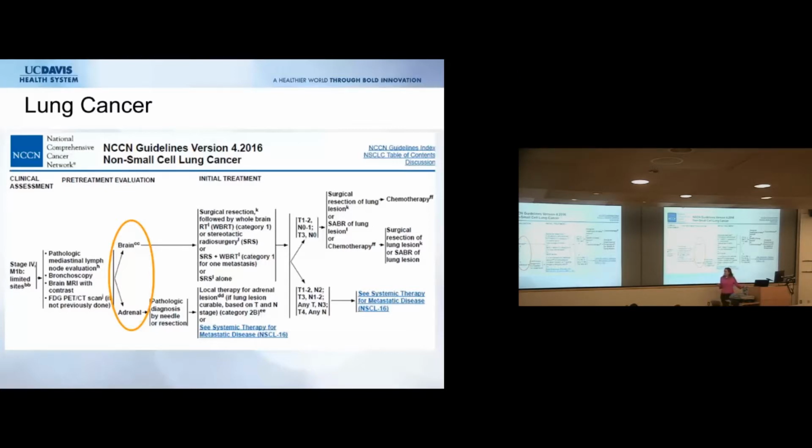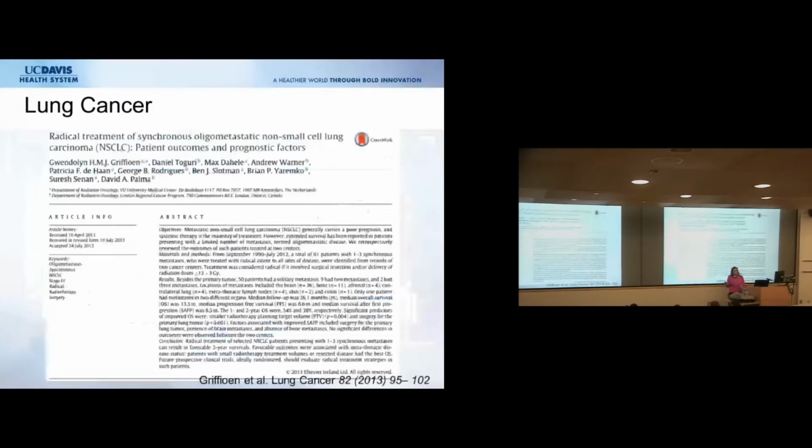But we do know that more and more patients are having stories like this to share, okay? We know this from small case series. This is one of many case series telling a similar story. This is a series of about 50 patients, and these patients had between 1 and 3 metastases. All of the sites of disease were treated with local therapy, okay?